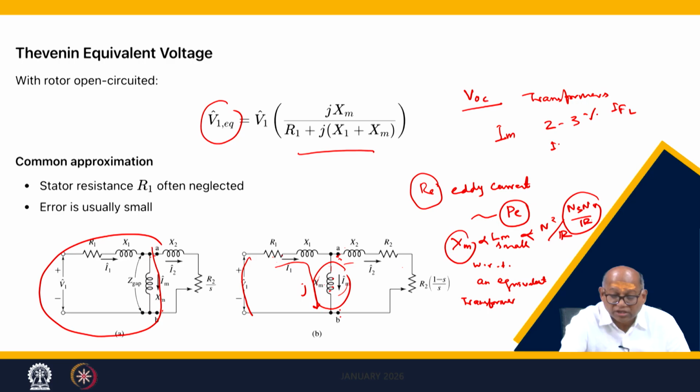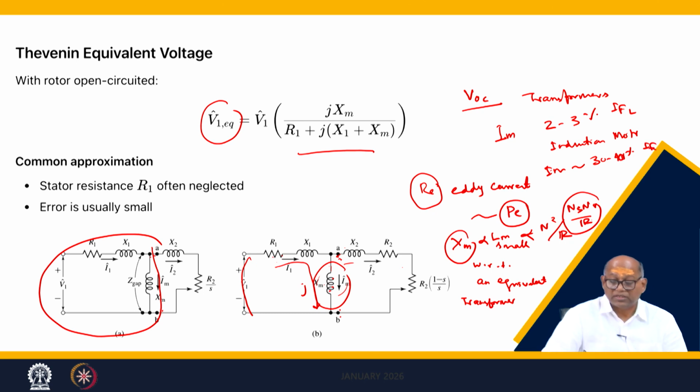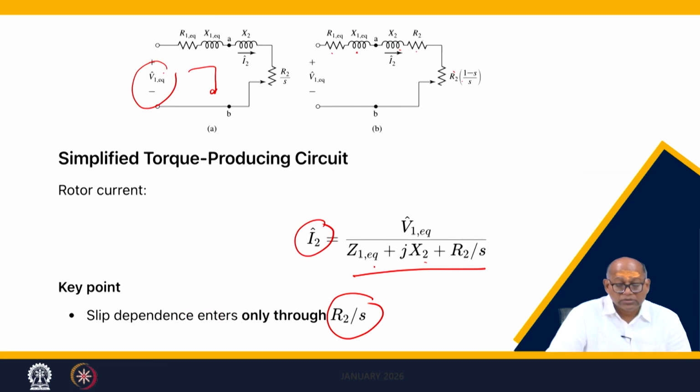But for induction motors, Im is about 30 to 40% or more of the full load current, even sometimes 50%. Since this branch cannot be neglected, you can move this branch here, but again you will commit a lot of errors. That is why it is better to analyze with Thevenin's equivalent, but if there is no option, you go for that. That is how we then calculate the current.